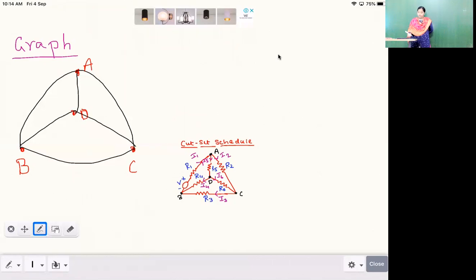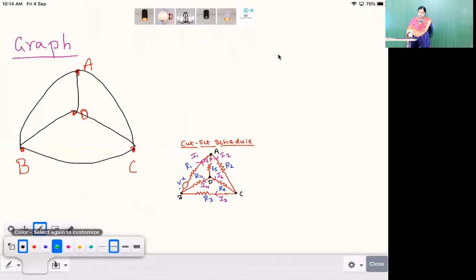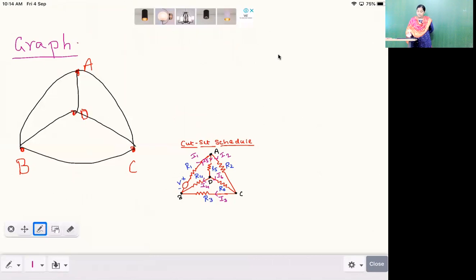Okay. Now, for the same graph, I am going to plot the oriented graph. So you know what is an oriented graph? Oriented graph is nothing but here we have to mark the direction of all the branch currents, right?